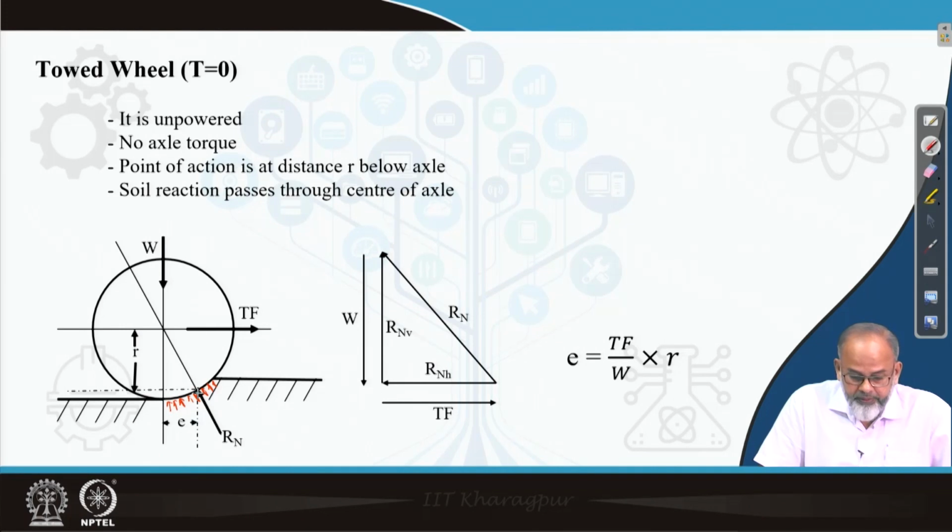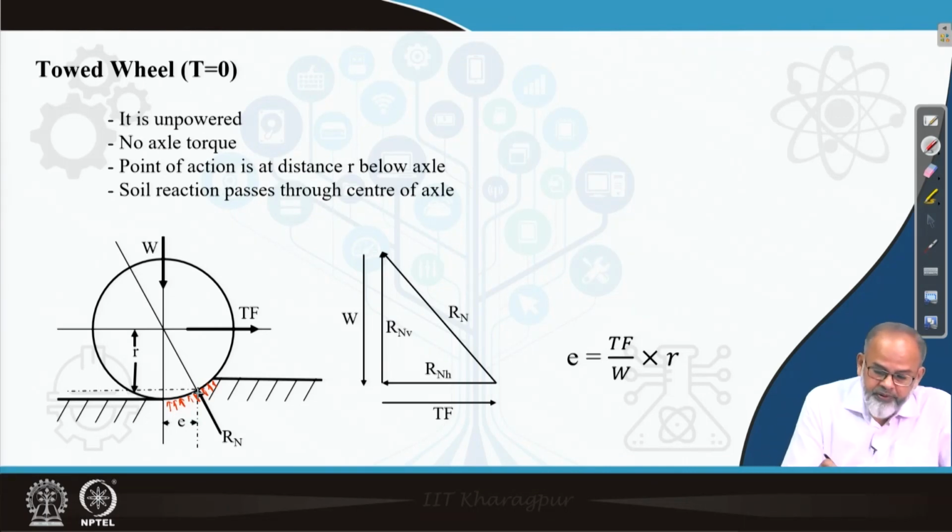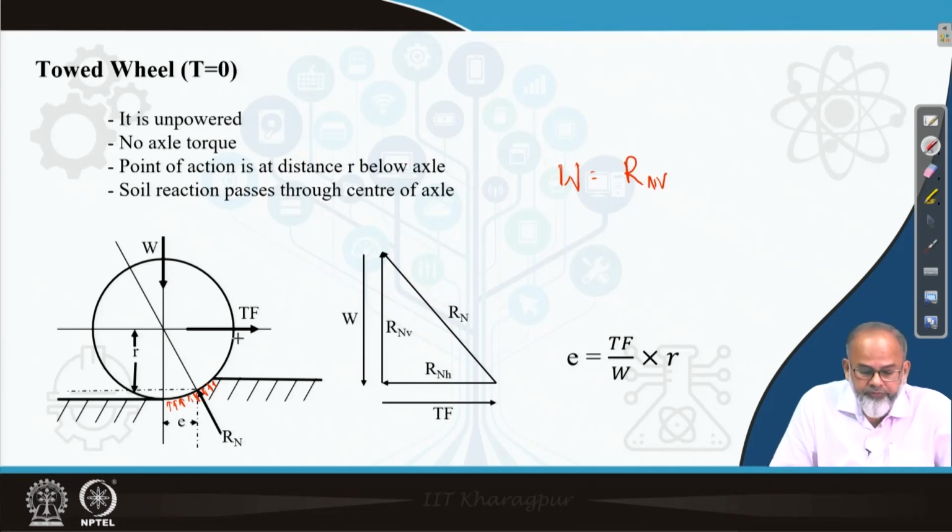Since no external moment is acting and neglecting the friction, if you solve this, then W will be equal to your vertical force Rnv, and the force which is required to tow the wheel forward, denoted as Tf, will be equal to Rnh.